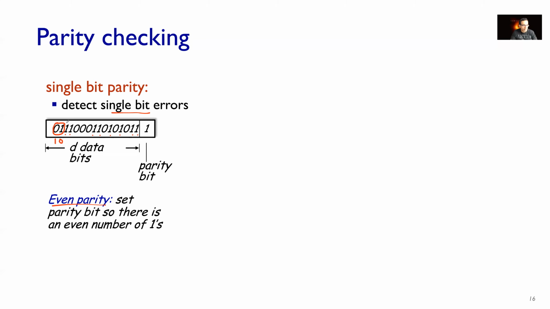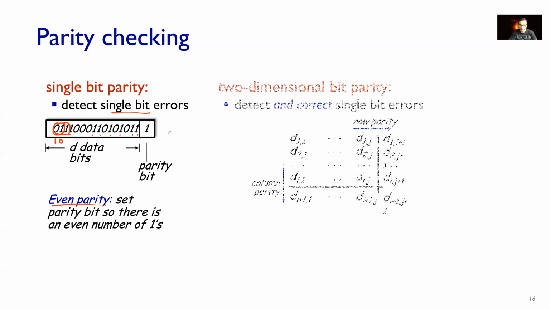However, if 3 bits are in error, it will still be able to detect that. So effectively it detects 1-bit errors, 3-bit errors, 5-bit errors, and so on, but it can't detect 2-bit errors, 4-bit errors, and so on. So clearly you probably don't want to use this in practice because this is highly error prone. So can we do better?